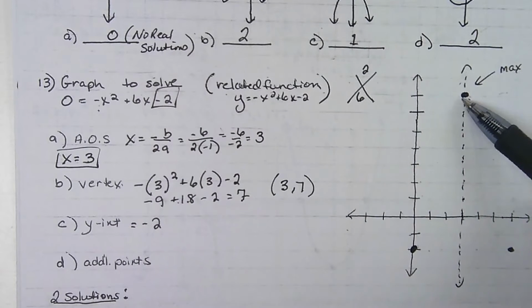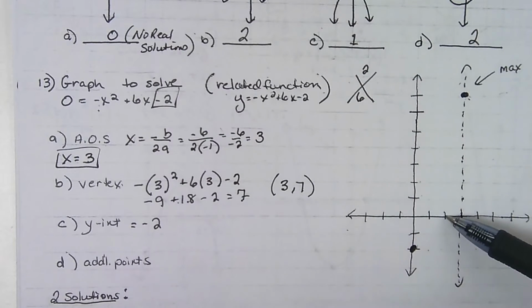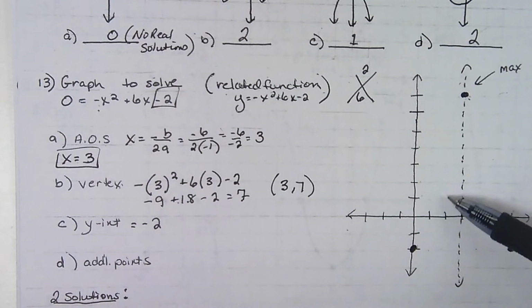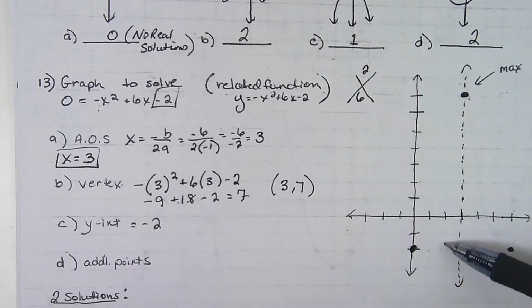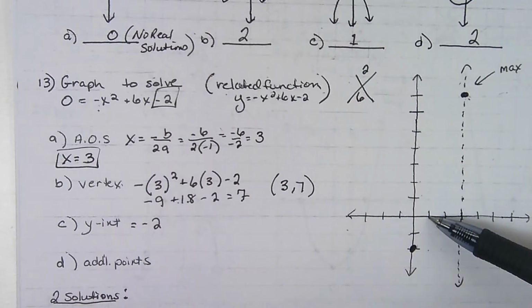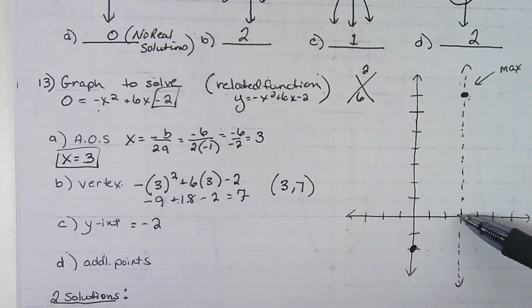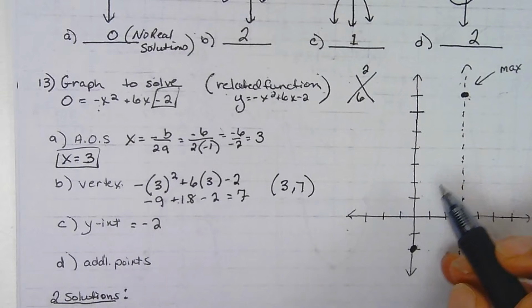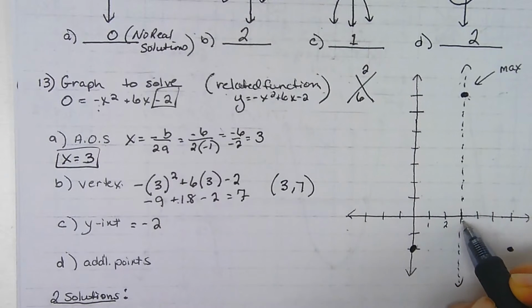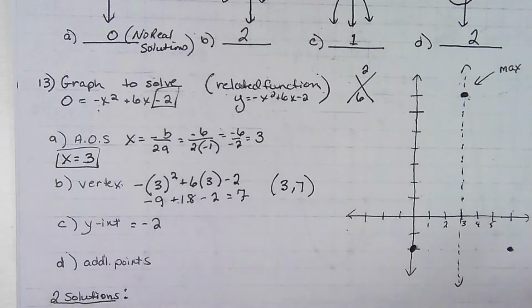Well, I can see that 2 could be used as an x value. I don't have a point there on that line. Or I could use 1, or I could use 1, 2, 3, 4, or I could use 5, right? If it helps you to number, then go ahead and number your coordinate graph here.